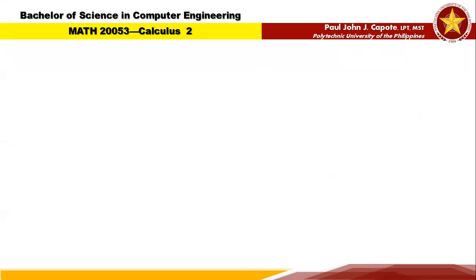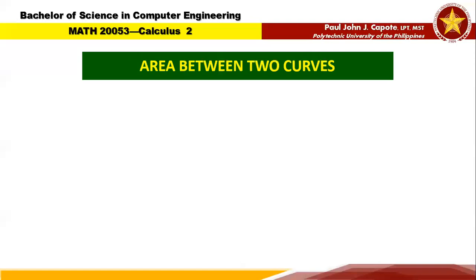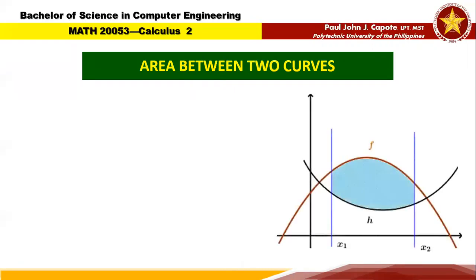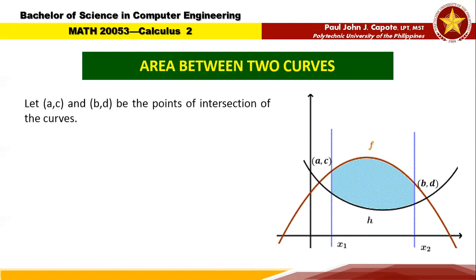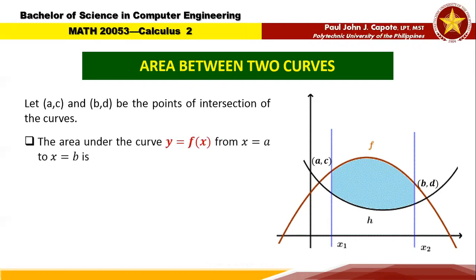Let's begin our discussion with the area between two intersecting curves. Given two intersecting curves f and h, whose points of intersection are points A, C and point B, D. The area under the curve y equals f of x from x equals a to x equals b is the definite integral of the function f of x dx from a to b.